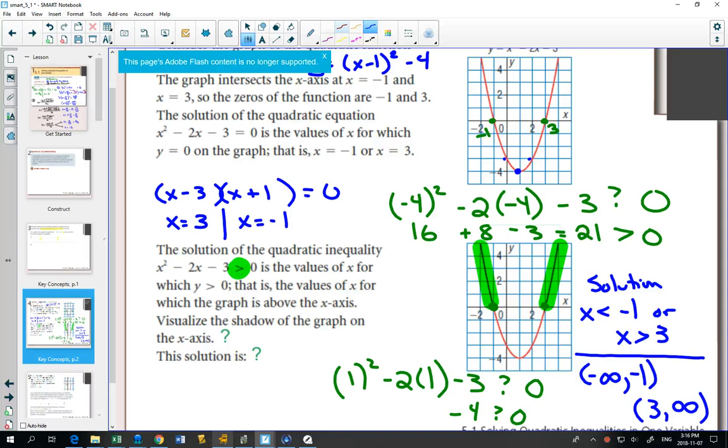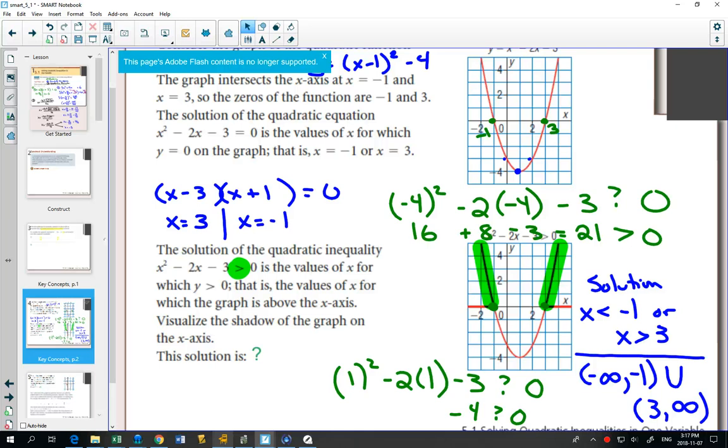If we use this notation, they have a special symbol for or. It's a big U. So we're going to learn that that's the solution. Now the textbook says if we highlight those parts and then visualize a big light shining from above, it would make a shadow on the x-axis all the way this way forever, and a shadow on the x-axis all the way that way forever.